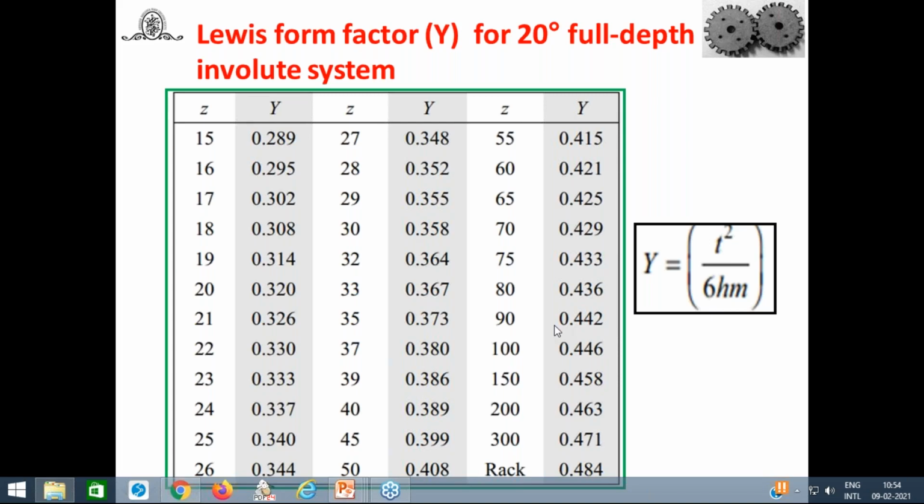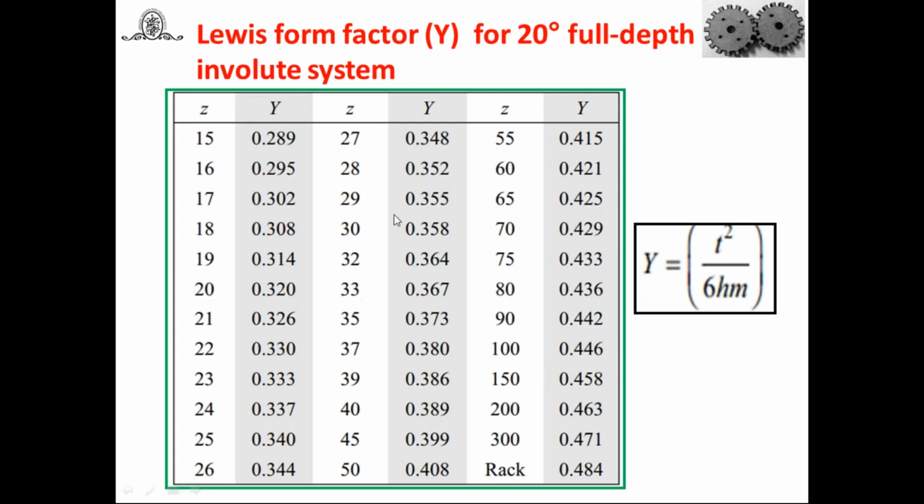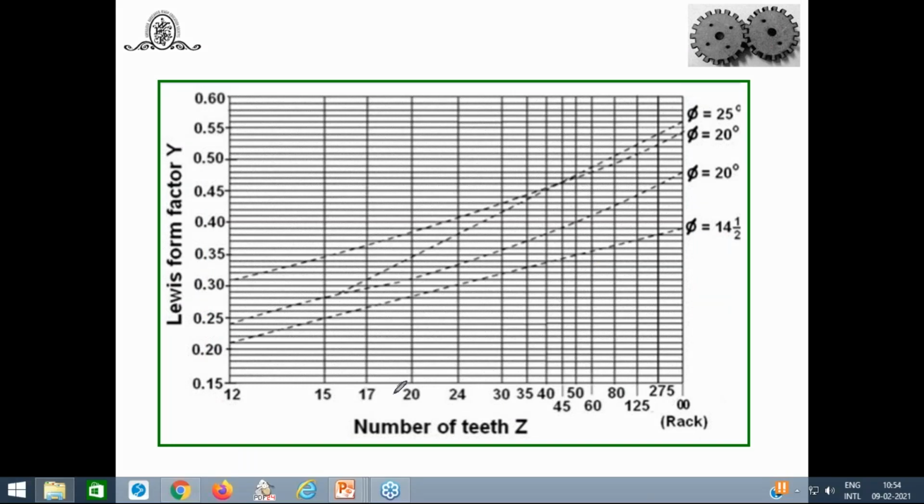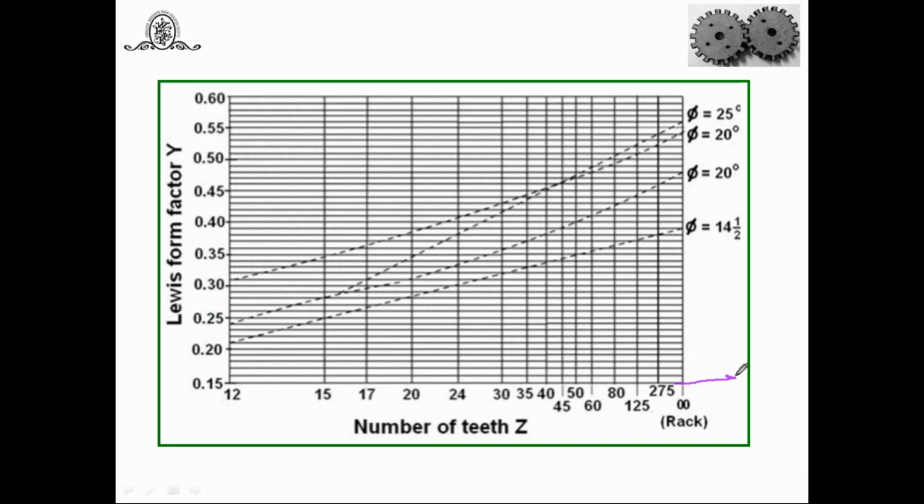The Lewis form factor depends on different parameters. It's okay, and that is how to take its value from the chart. Now let us see here. Here you will find on the x-axis the number of teeth for the rack, and then Lewis form factor Y on the y-axis.